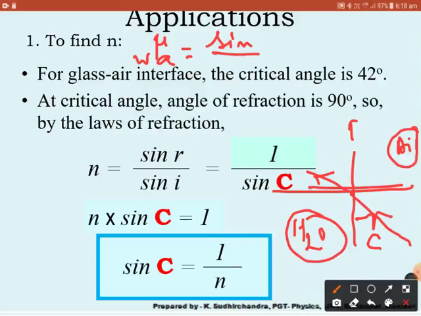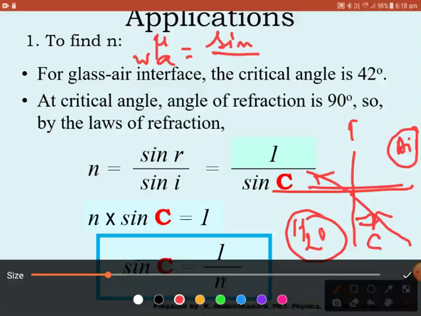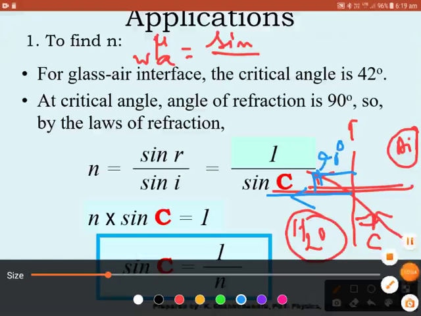If this angle is the critical angle, then the refracted light must be moving parallel to the interface. So the angle of refraction will be what? 90 degrees. Am I right? Yes.